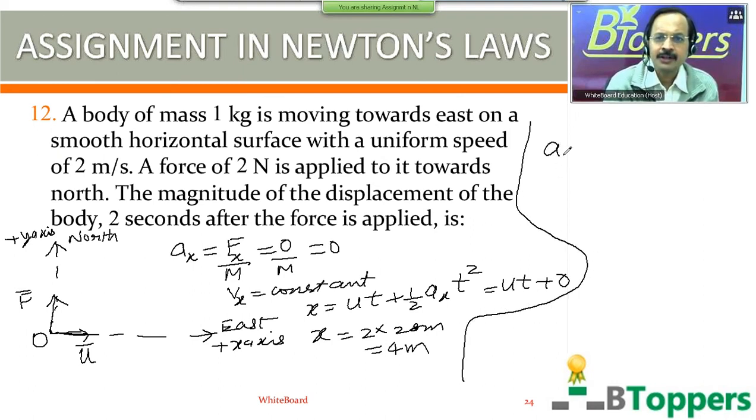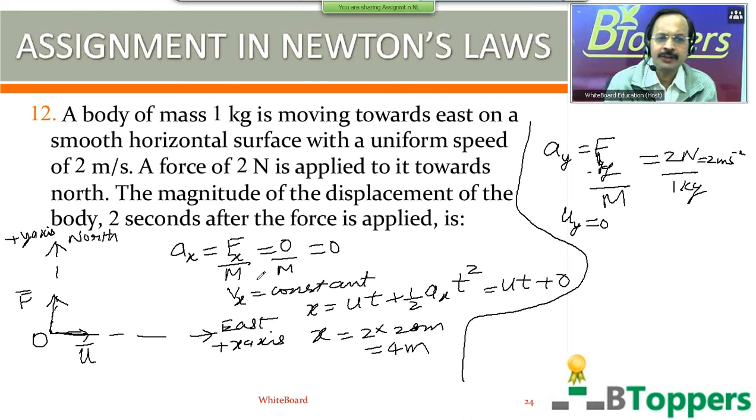To find the displacement parallel to the y direction, we have to first calculate the acceleration along y direction. Y component of the acceleration is equal to force in the y direction by mass. The force along y direction has magnitude 2 newtons, mass is 1 kg. So y component of the acceleration is 2 meter per second square. Y component of initial velocity is 0, because initial velocity is directed along x-axis.